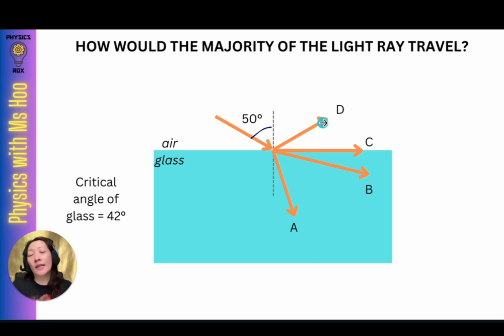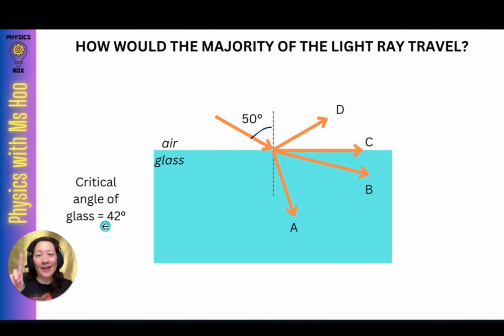So you can see that this question looks as if it's somewhat related to total internal reflection, but it's not. It's pretty much a trick question because in this case, light is traveling from air to glass. Now, remember that there are two conditions for total internal reflection to occur. The first condition is that the incident angle must be greater than the critical angle.